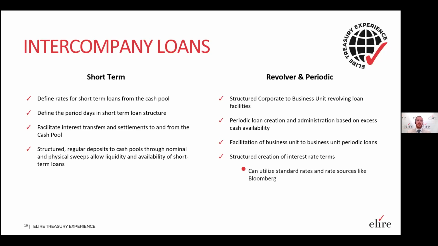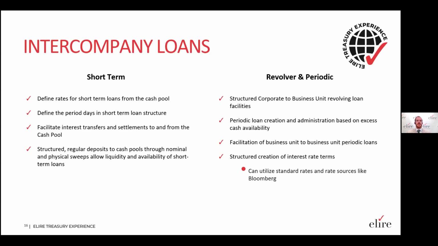These structured regular deposits to the cash pool through all of our nominal or physical sweeps allow us to know as well what sort of liquidity we stand with, what we can really offer in terms of short-term funding. If we should change rates, if we should maybe facilitate a higher interest rate just based on available cash, we can do that as well.